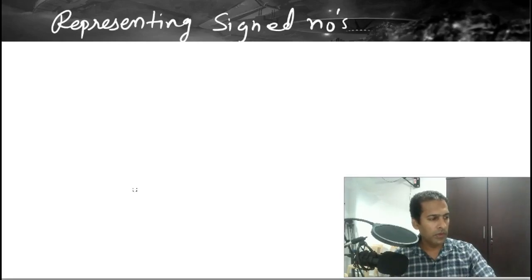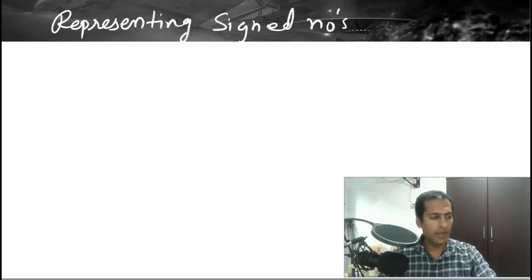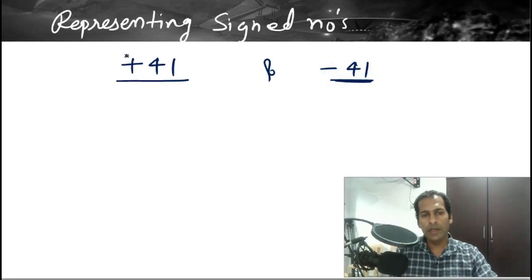For example, suppose we want to write in sign magnitude form. When we represent binary numbers, there will be one sign bit. The sign bit will represent the sign, either positive or negative, and the remaining number will be the magnitude. For example, if I want to represent plus 41 and minus 41, then how can I represent this plus and this minus?